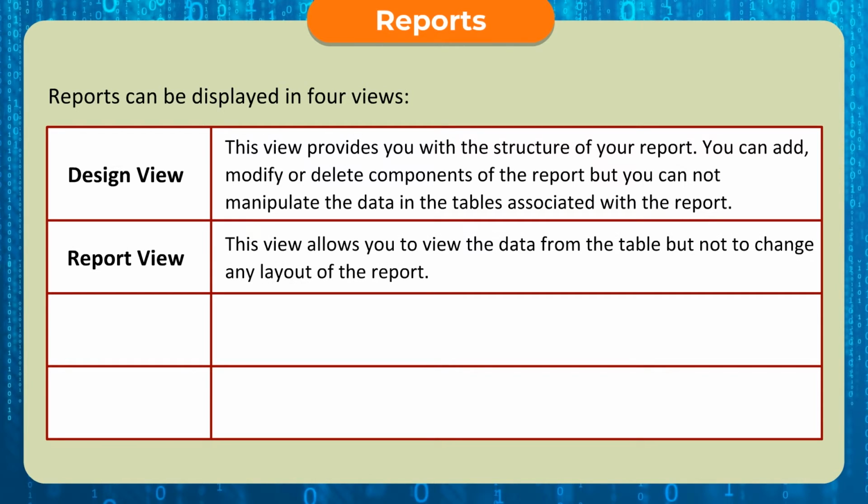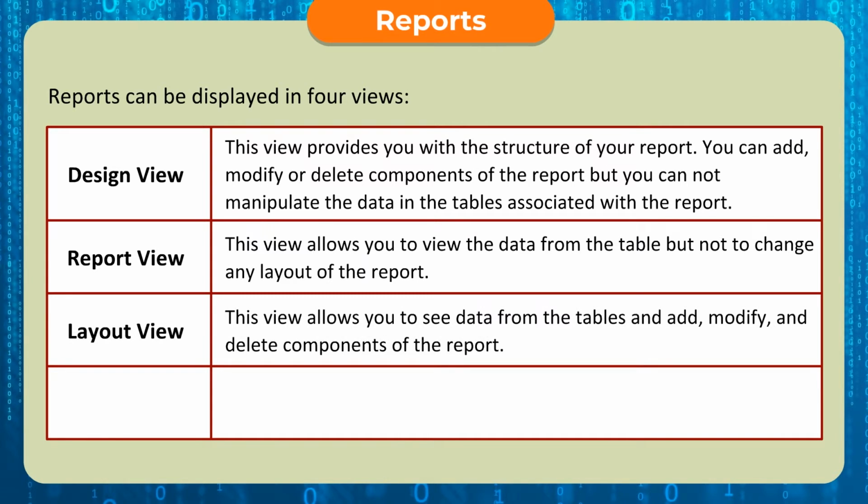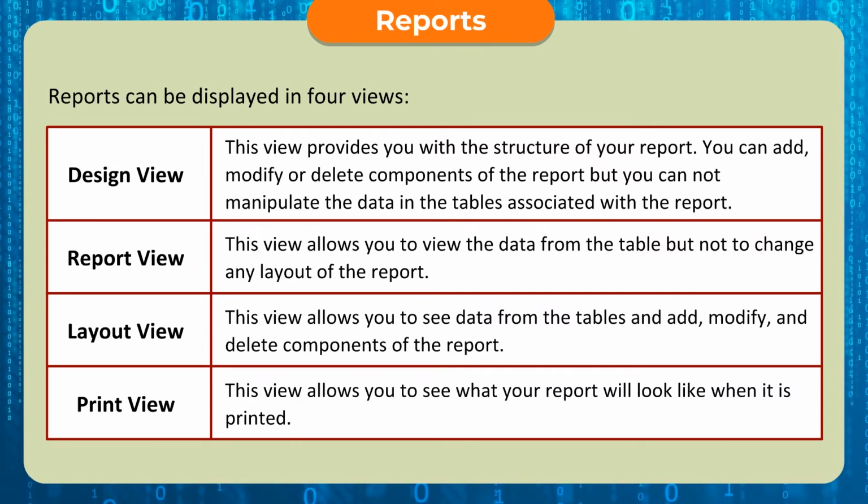This view allows you to view the data from the table but not to change any layout of the report. Layout View. This view allows you to see data from the tables and add, modify, and delete components of the report. Print Preview. This view allows you to see what your report will look like when it is printed.